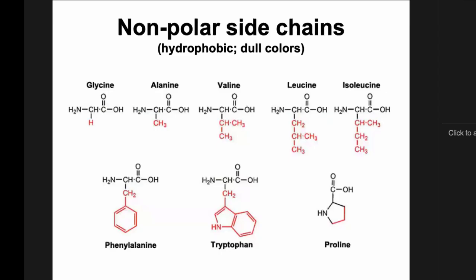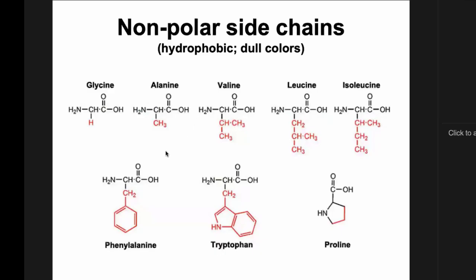One consequence of that is that any of the amino acids that have these non-polar side chains tend to be repelled by water. So they actually try to migrate towards the center of the protein to get away from any water surrounding the protein, whether it's cytoplasm or extracellular fluid. So these are the amino acids that have non-polar side chains.